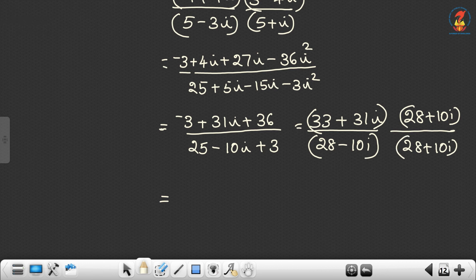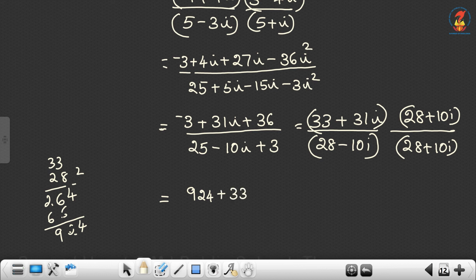Now 33 into 28, you have to multiply: 924. 924 plus 330i plus 31 into 28, that is 868i.